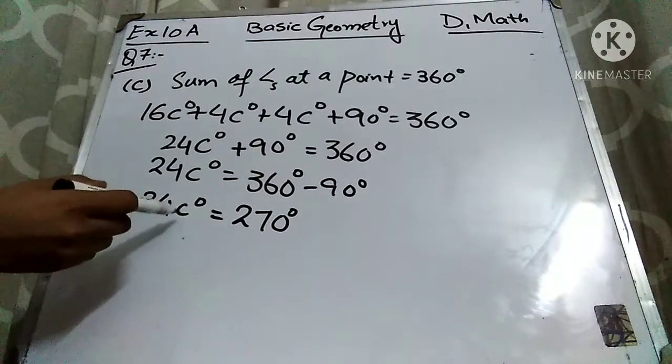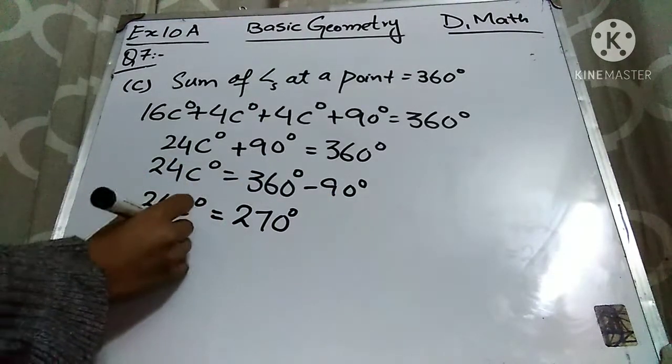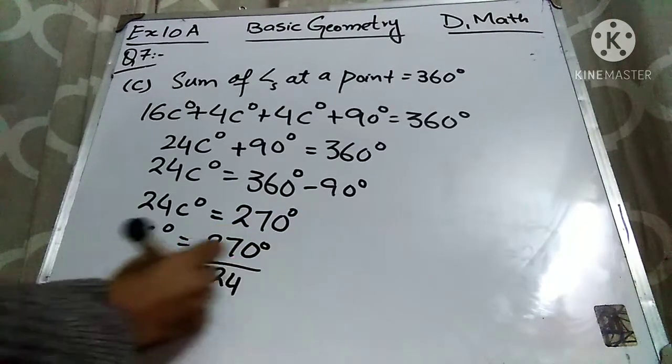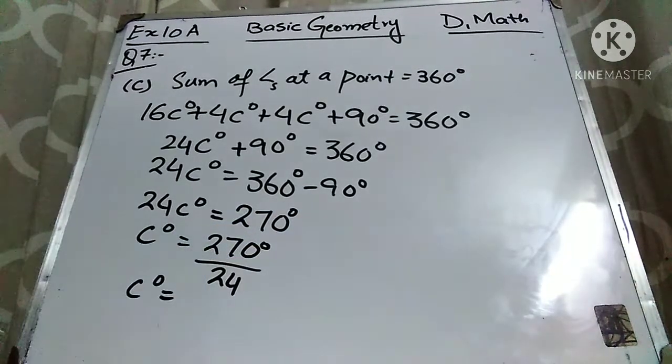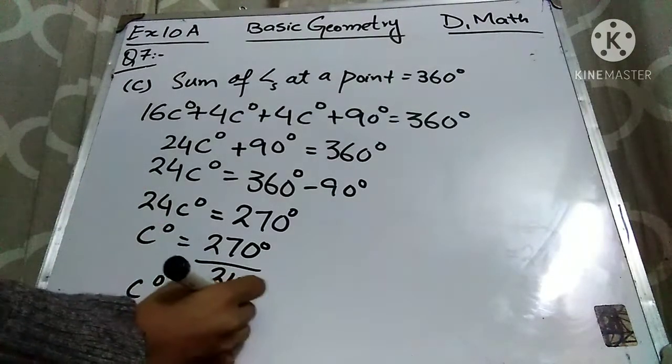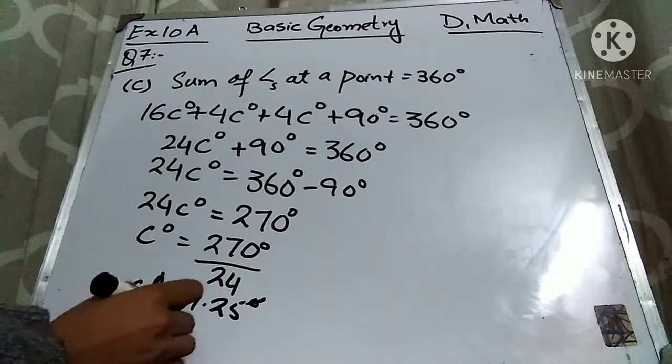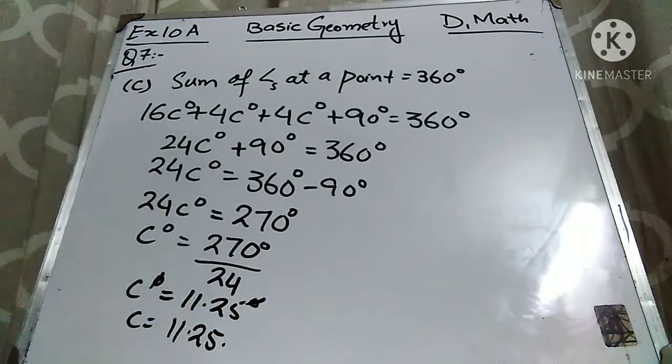Okay, this 24 is multiplying with C. It will go to that side and it will divide. So when you divide 270 by 24, you will get 11.25 degrees. Now degree and degree will cancel each other. So the value of C is 11.25.